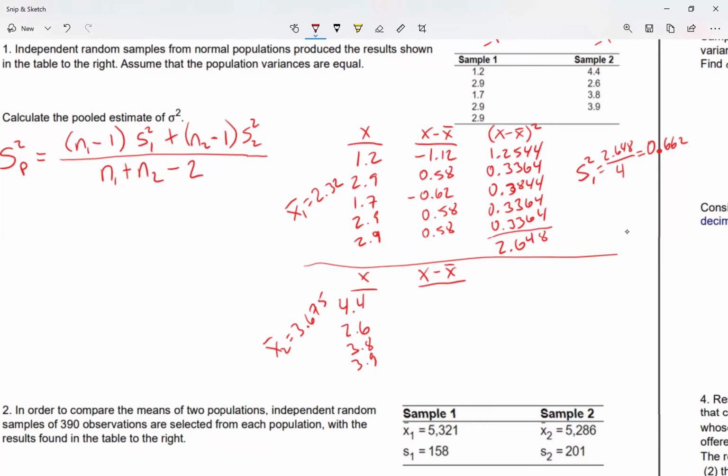So I have to go 4.4 minus 3.675, and I get 0.725.